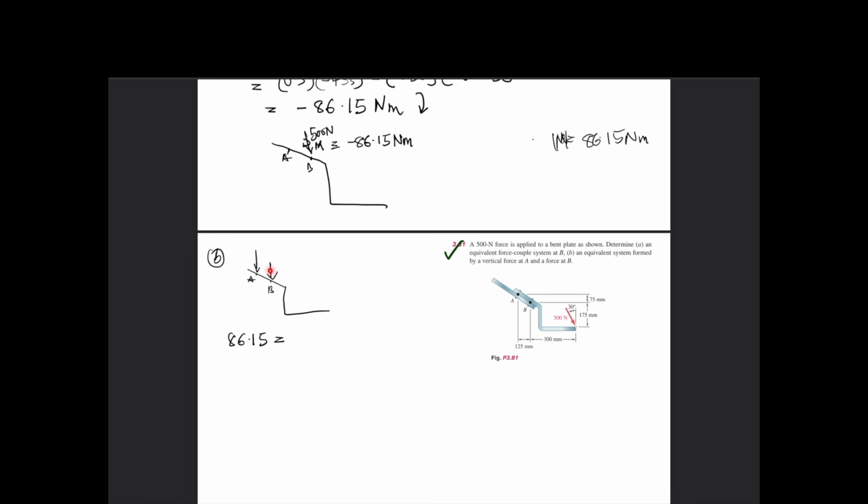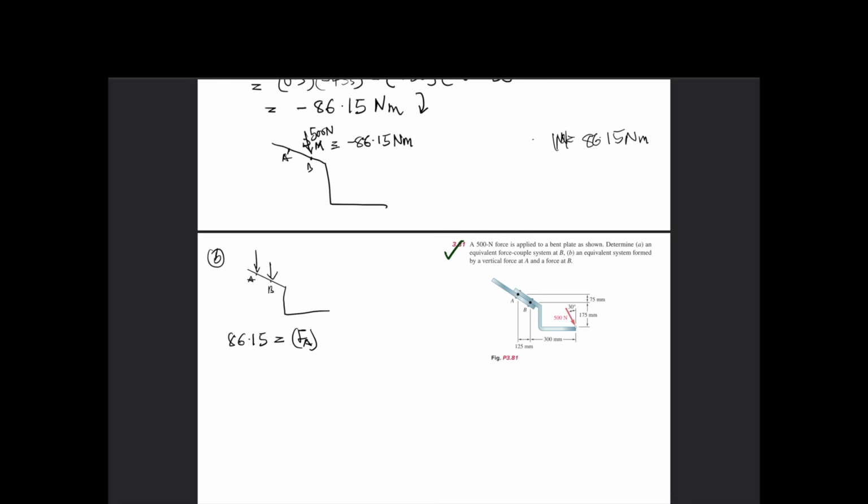Let's look at this. If you want to do it at the same point, when we have a force at A, you take a moment about this B in this other direction, it's simply going to be this force A times the distance between points A and B. So we write out our force A times the distance between A and B, which we're already given here as 125 mm.